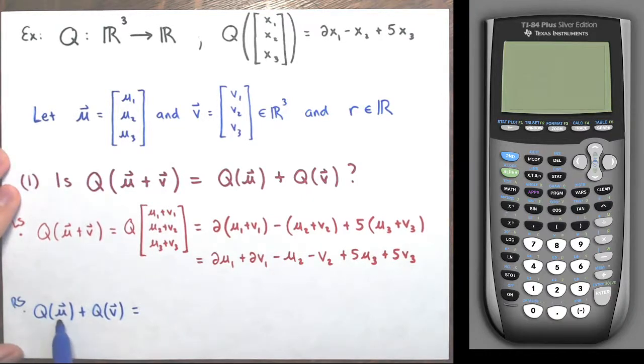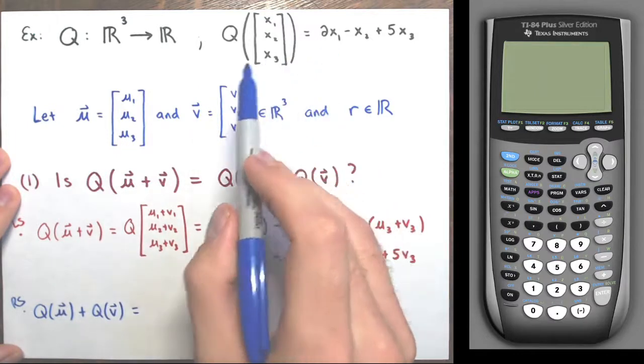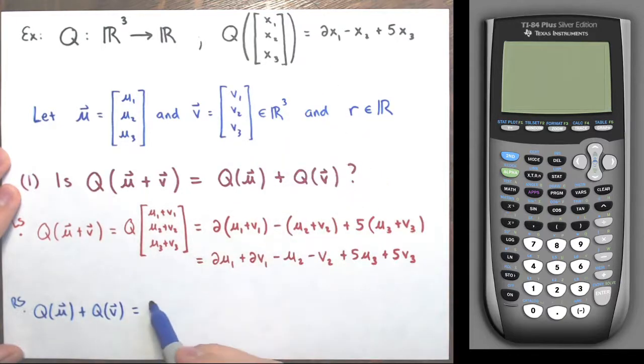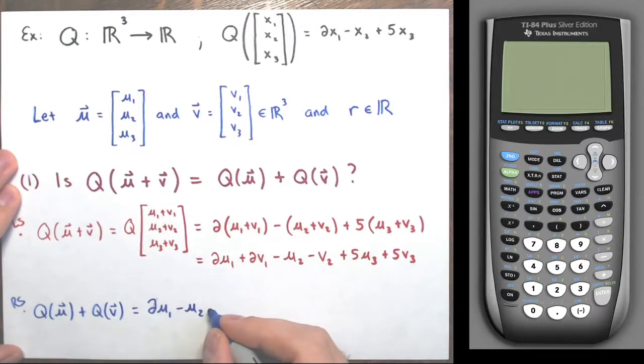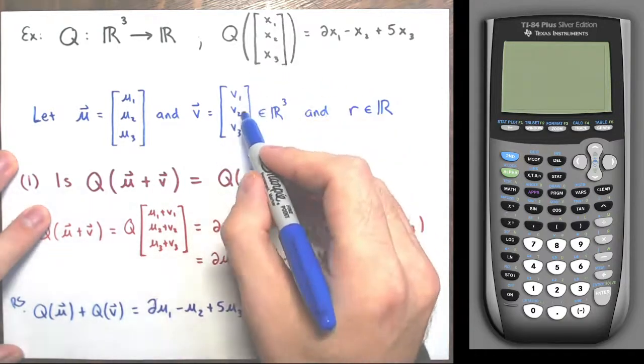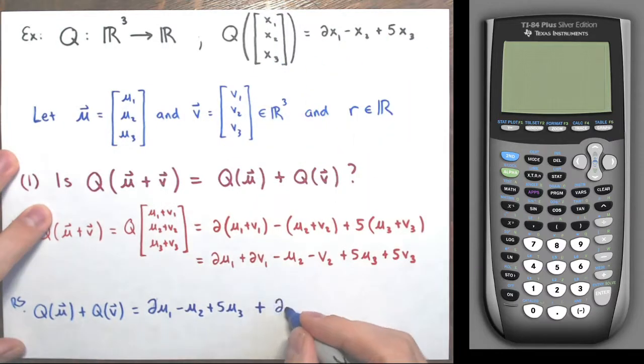The value of Q at u: I plug u into Q, replacing x1 with u1, x2 with u2, and x3 with u3. So the value of Q at u is 2u1 minus u2 plus 5u3. Then I'm adding the value of Q at v, replacing x1 with v1, x2 with v2, x3 with v3. So it'd be 2v1 minus v2 plus 5v3.